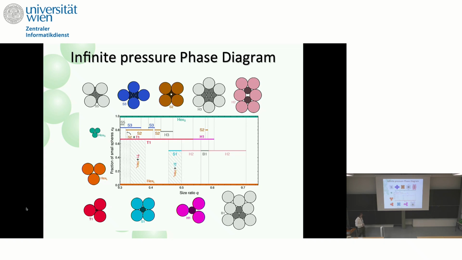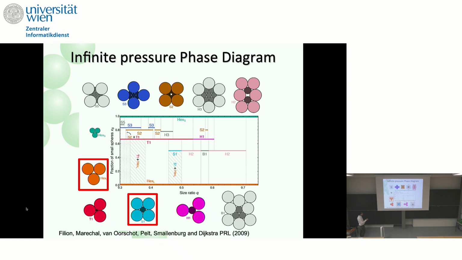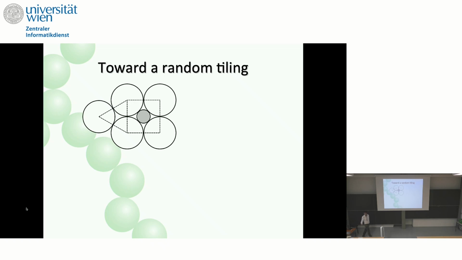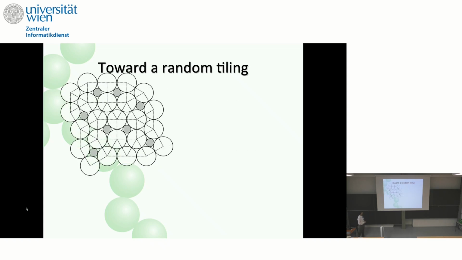And what I wanted to, I mean, that's interesting, but what interests us is this special two structure that you have here, because you see immediately that they have special properties. If I take two of these tiles, I can put them together very easily without losing any space. And at the end of the day, I can pack all space with a random structure, which is basically a random tiling.